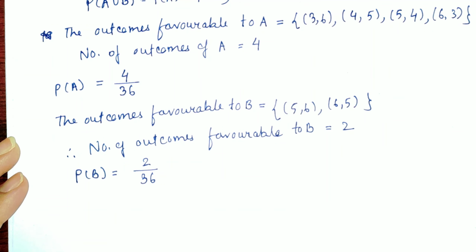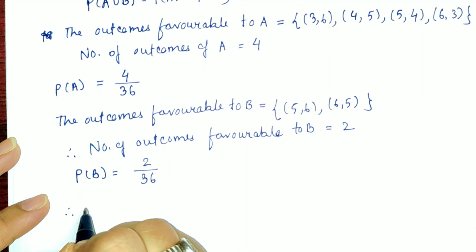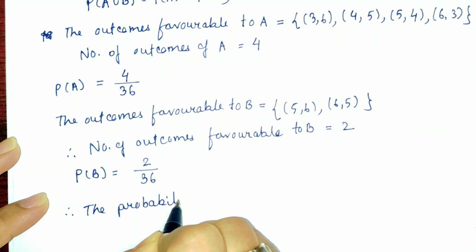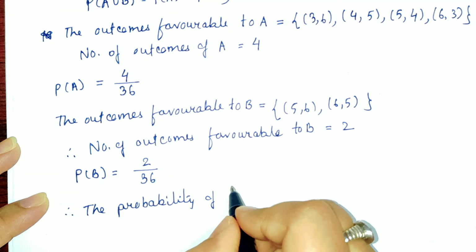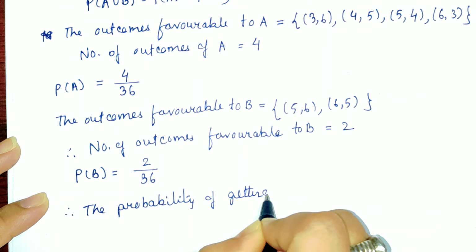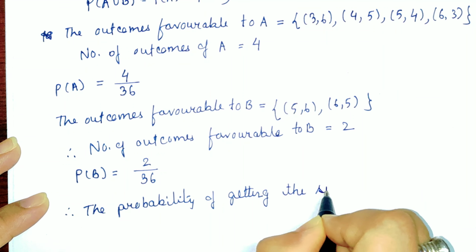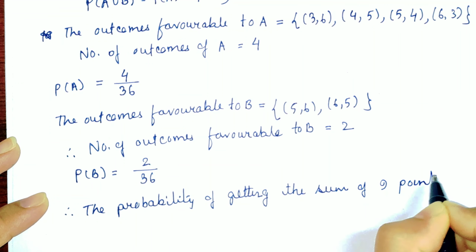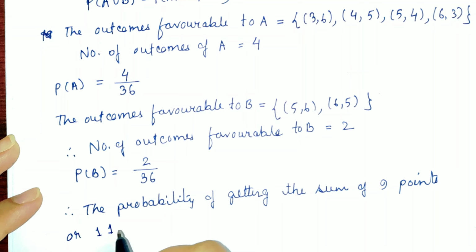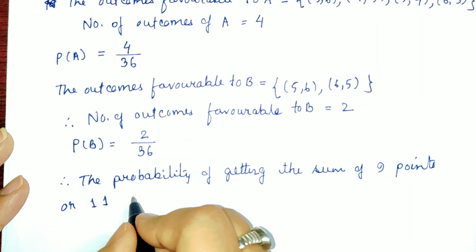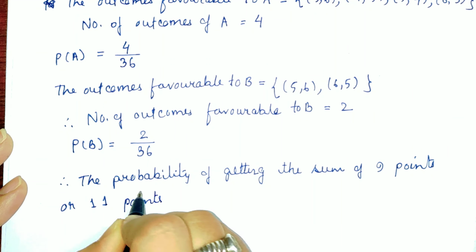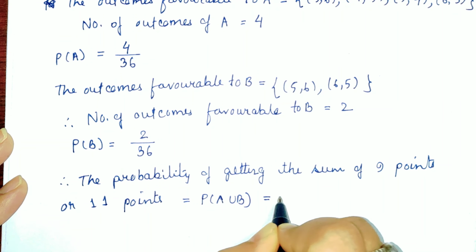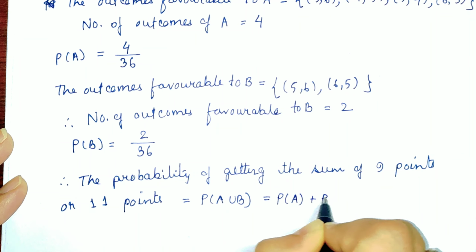Since these are mutually exclusive events, therefore the probability of getting the sum of 9 points or 11 points is P A union B. P A union B value will be PA plus PB.